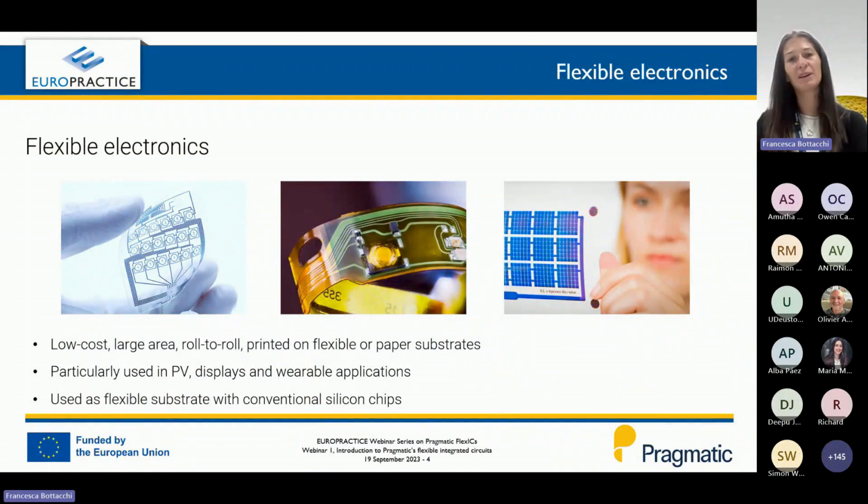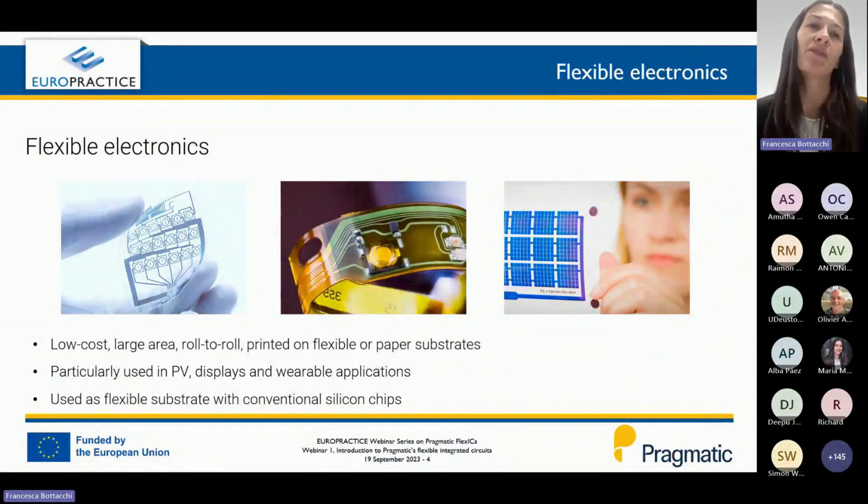This can be printed, for example, on a flexible substrate or even on a paper substrate to be even more sustainable. It is particularly used in the photovoltaic industry, for displays, either liquid crystal displays or even OLED displays, and more recently it is also used for wearable applications.